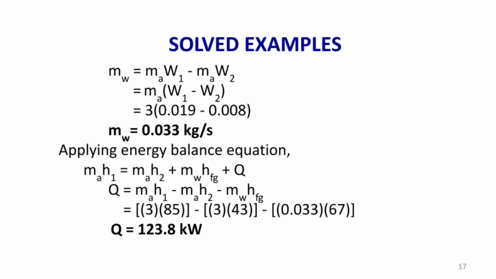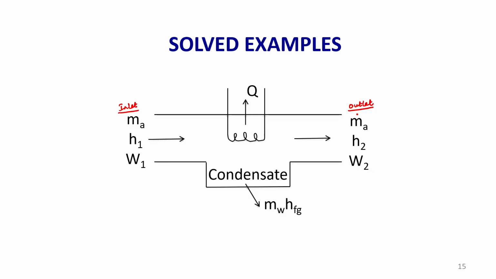Now, apply the energy balance equation. If you see, there are 4 arrow marks here: one for the inlet, one for the outlet, the condensate, and the amount of heat removed from the air by the cooling coil, because the air is cooled. Only this arrow is pointed inside, it is entering, whereas the other 3 arrows are pointed outside, away from the system.